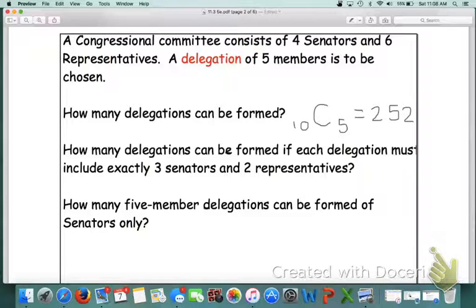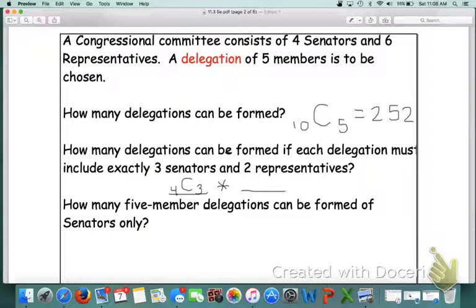The next question asks us how many delegations can be formed if each delegation must include 3 senators and 2 representatives. So we've got to consider 2 things going on here. First, we've got to consider our senator slot, and then we've got to consider our representative slot. Now remember that those 2 slots will be connected by multiplication. Now when I consider my senators, there are 4 senators that I can choose from, but I'm only going to pick 3 of them.